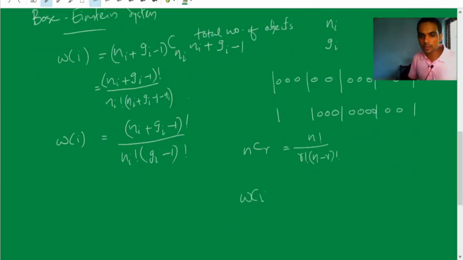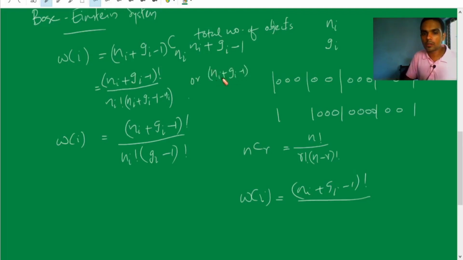Okay, so equivalently we can write, omega of i is also equal to, we have already written here, Ni plus Gi minus 1 factorial divided by... or we can take combination Ni plus Gi minus 1 C Gi minus 1 number of walls.